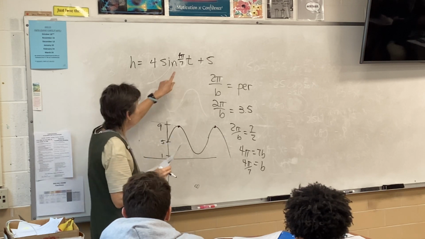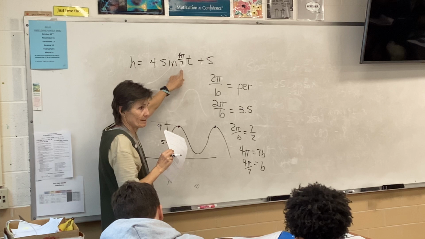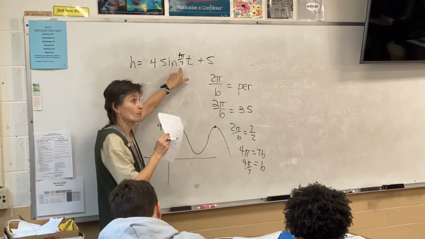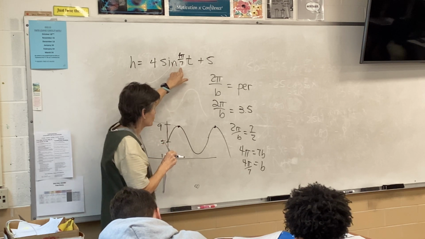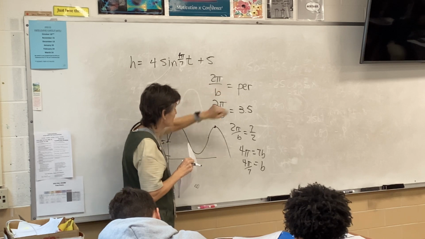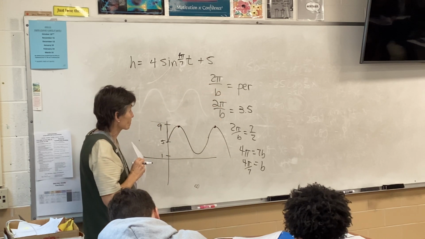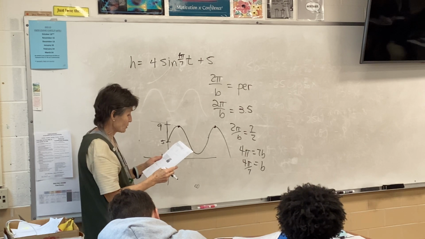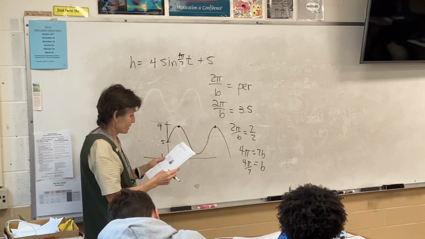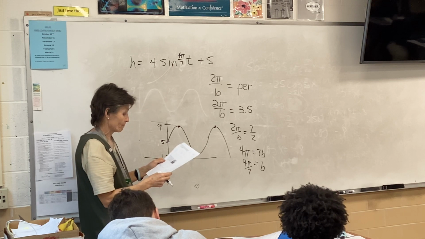Remember, that number is not the period. This number gives you the period. 2 pi divided by it gives us the period. Okay, so is there a question? Yep, what are the values? We already did it.